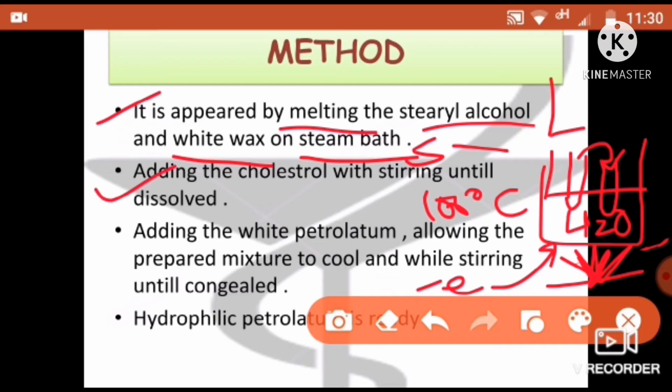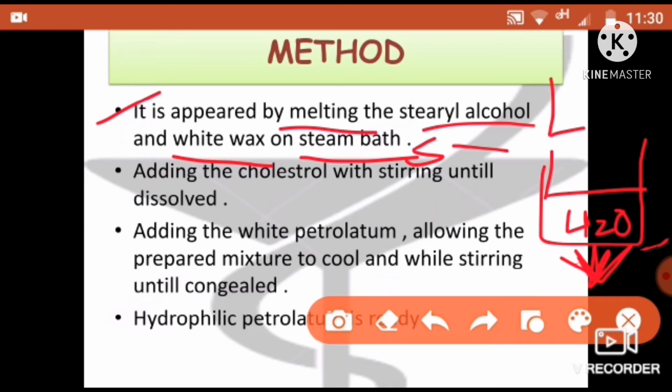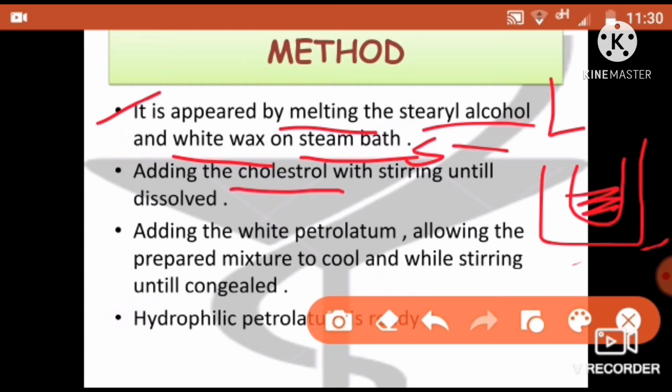Then add the cholesterol with stirring until dissolved. Whenever both of these are melted together, we add the cholesterol. What is cholesterol?